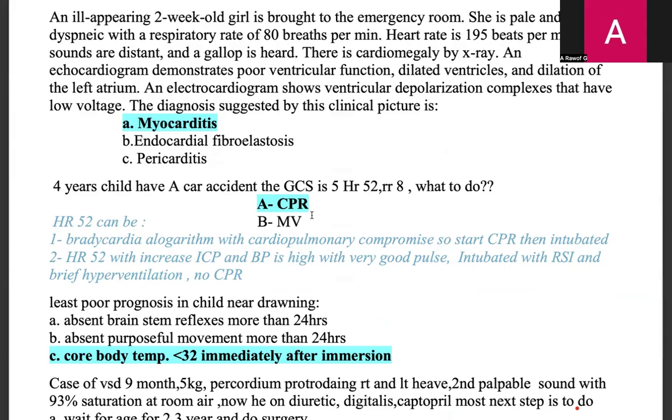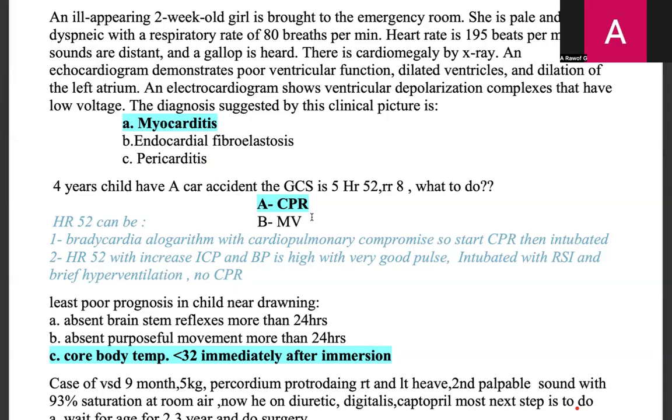What to do? We have to do CPR. Heart rate less than 60 needs CPR, and also mechanical ventilation. Go step by step. CPR has to be started, then try to intubate, then mechanically ventilate the patient.